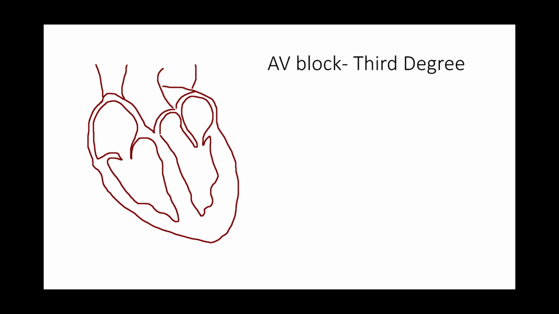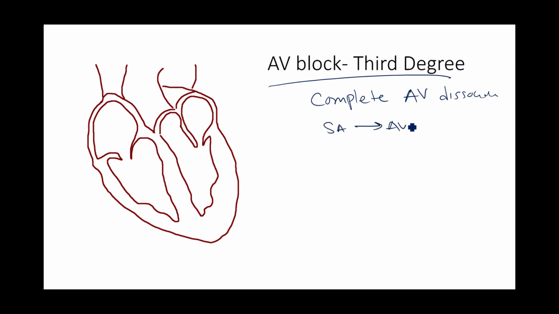Next is the complete heart block, also known as the third degree AV block. In this case, there is complete AV dissociation. That means the SA node can't talk to the AV node at all.